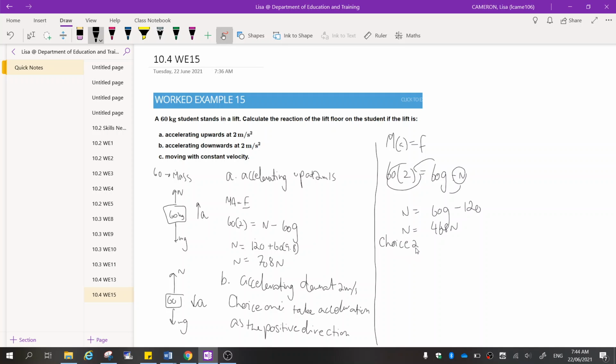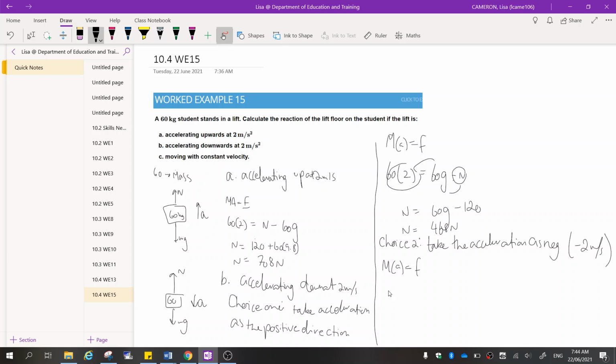Now, this is choice 2. You'll see that we're going to get the same answer. Choice 2 is that you take the acceleration as a negative, which means that we've got minus 2 meters per second squared as the acceleration because it's in the downwards direction. Now, this is the one that I generally prefer, but, you know, each to their own.